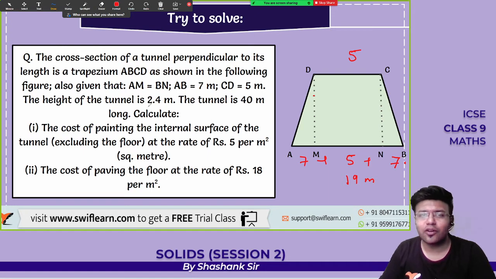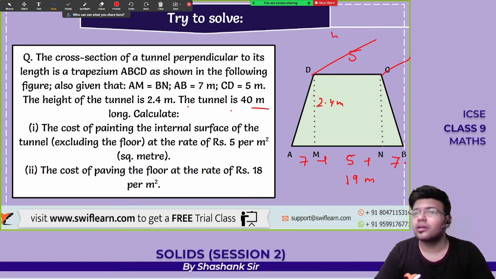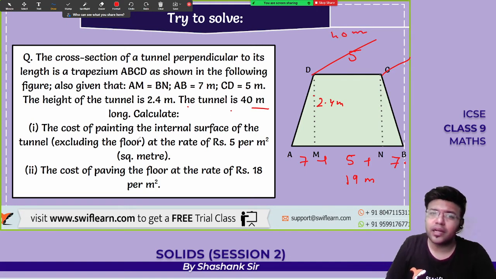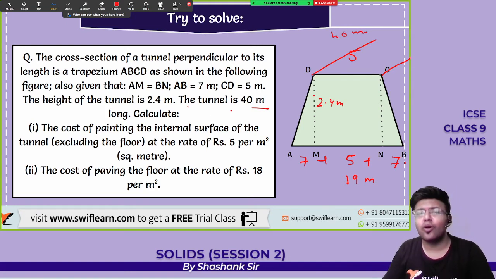The height of the tunnel is 2.4 meters. The tunnel is 40 meters long. Calculate the cost of painting the internal surface of the tunnel excluding the floor at the rate of rupees 5 per meter square, and the cost of paving the floor at rupees 18 per meter square.